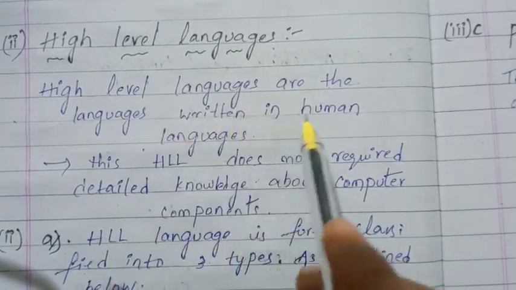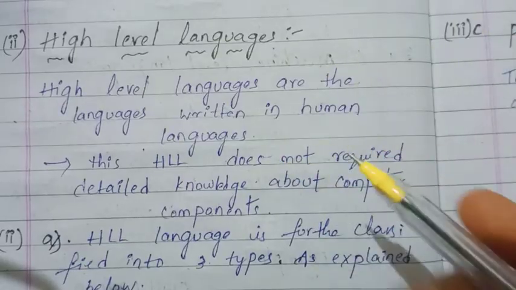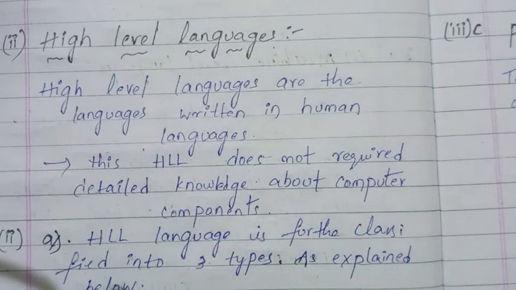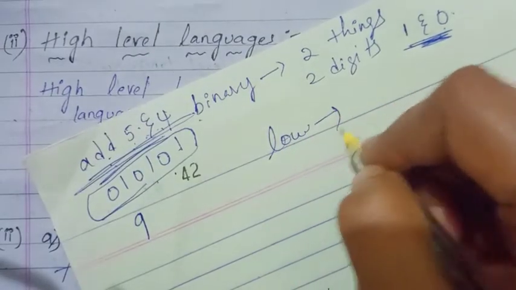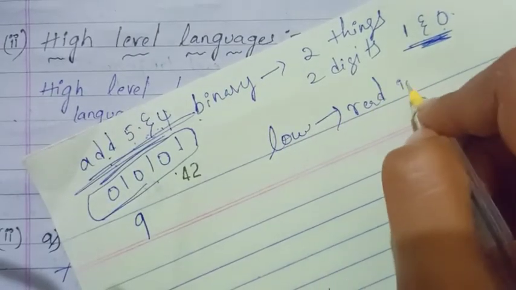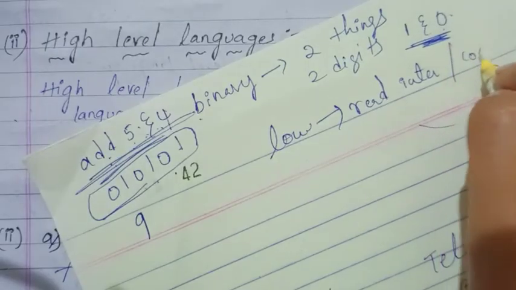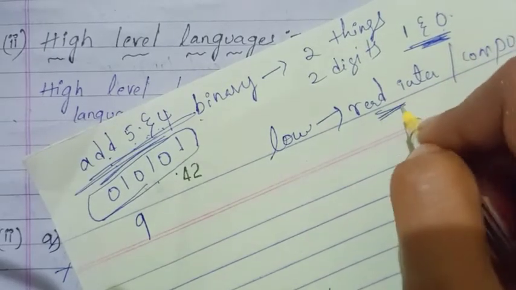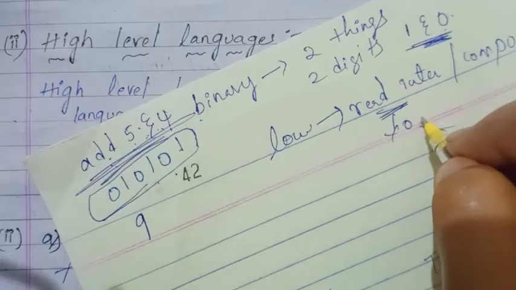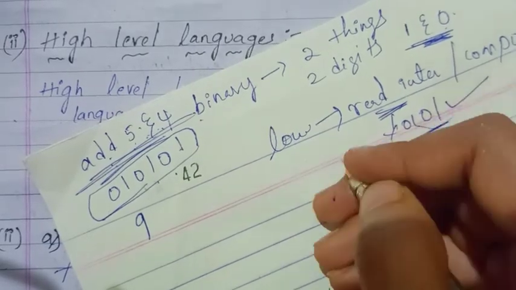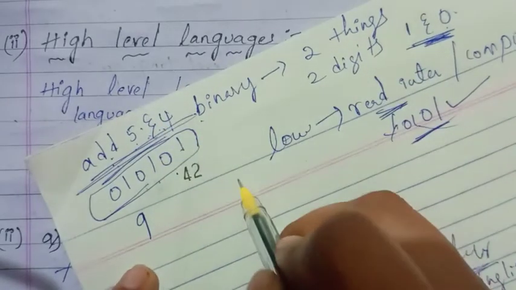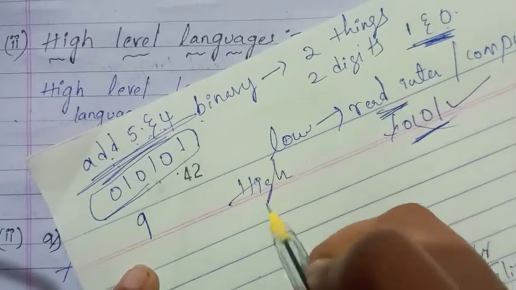And now let us discuss high level languages. High level languages are the languages written in human language. Up to now we have discussed low level languages, and low level languages are easily read and interpreted by the computer, because these are written in computer understanding formats; the computer understands binary digit format, and low level languages are written in that form.